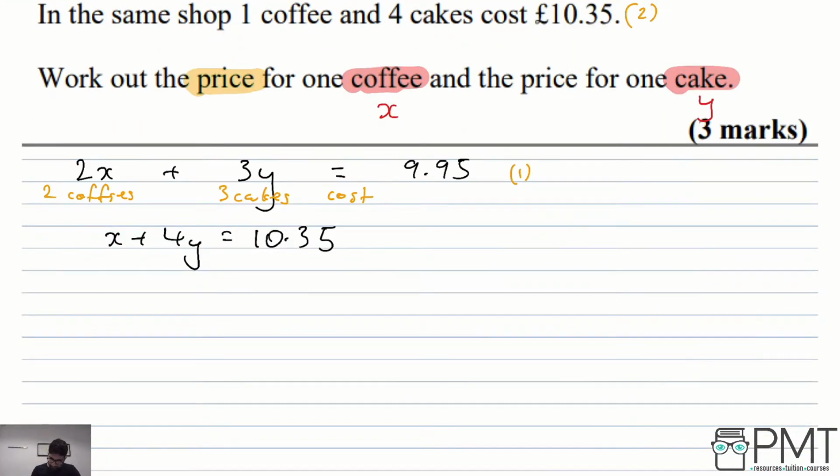So this is coming from the second one. Should we add, subtract? What are we going to do? Can someone give a suggestion? Can we add them or subtract them? Is it going to work? Merlin is saying times the second one by 2. Well done. We need to do something different here compared to the previous ones, because you can see that you don't have the same x values or y values. So let's make a note of that.